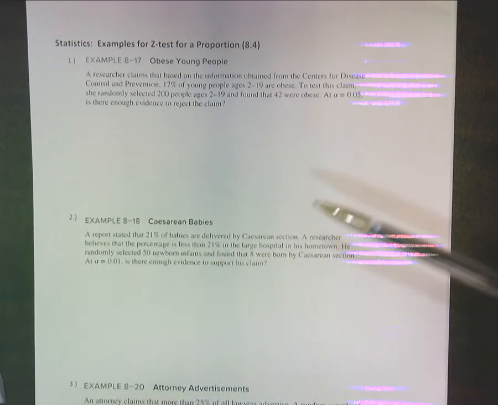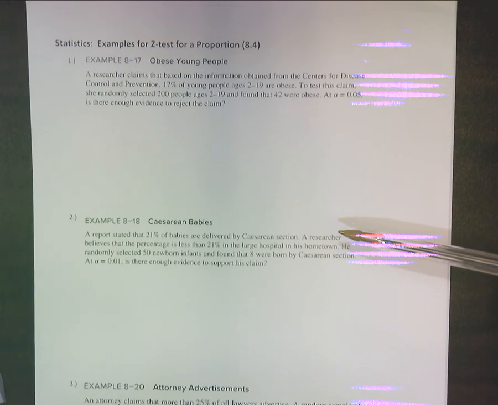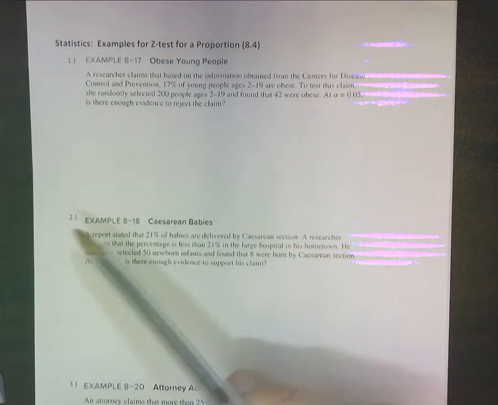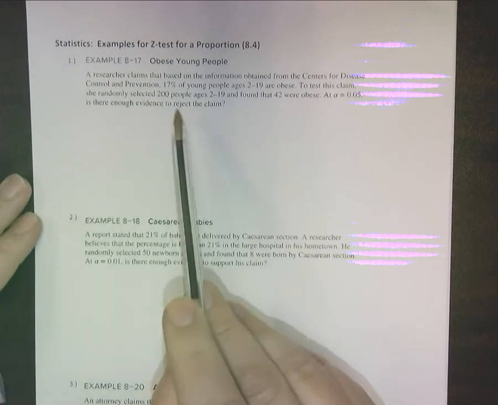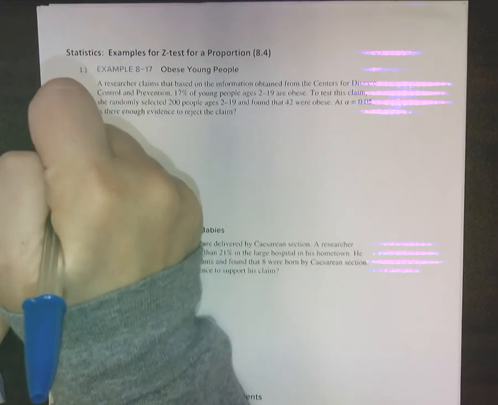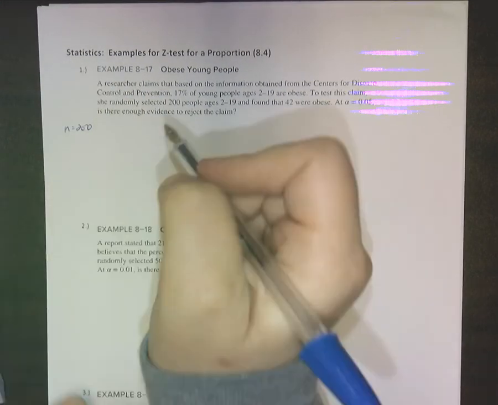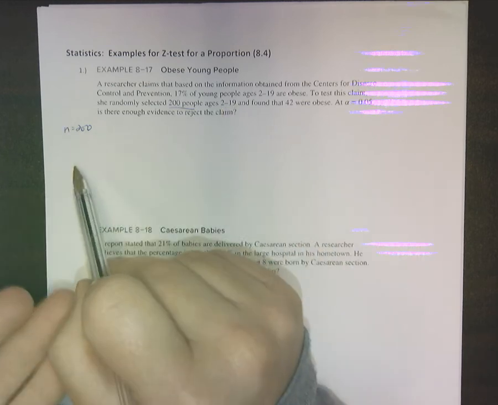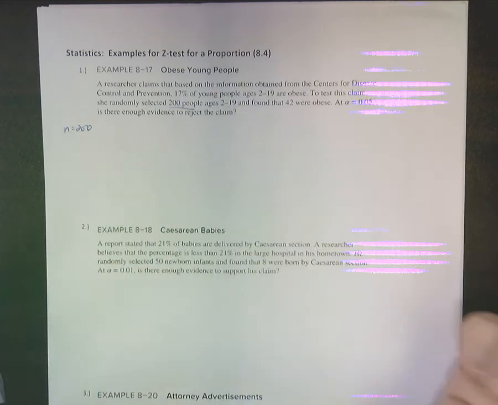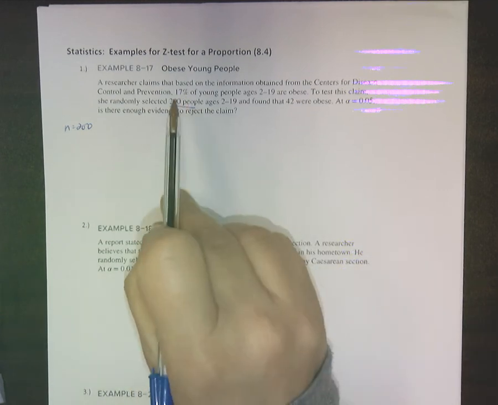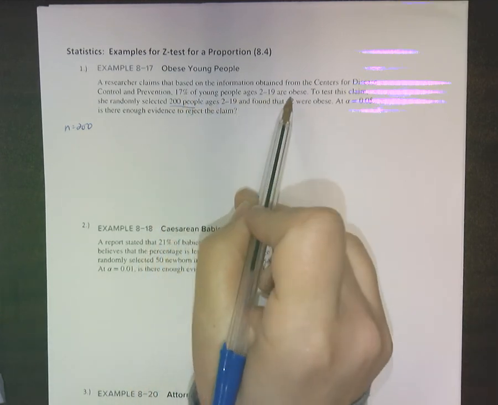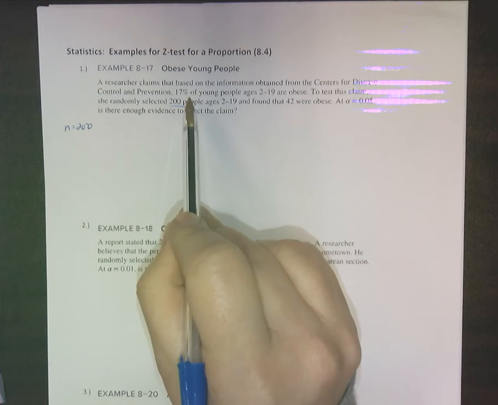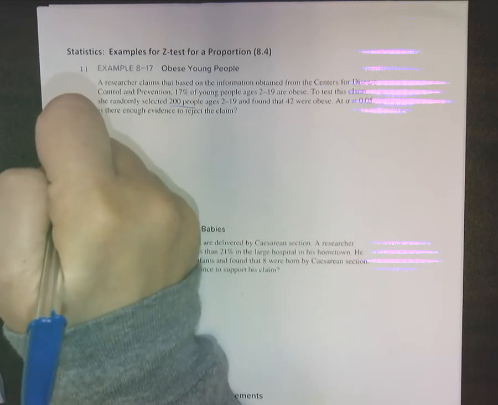So again, think of you as being the researcher here. You go out and you find 200 people. So 200 must be your N. Ages 2 through 19, is that something that we're going to put down here? No. That's just some information about this study. 17% of the young people were obese. So what is that 17%? Well, that is our P, not P hat.